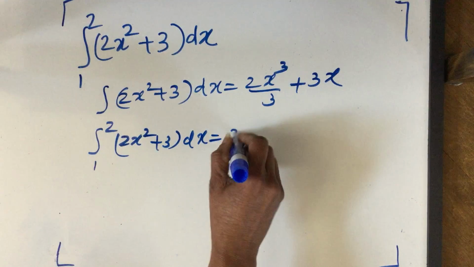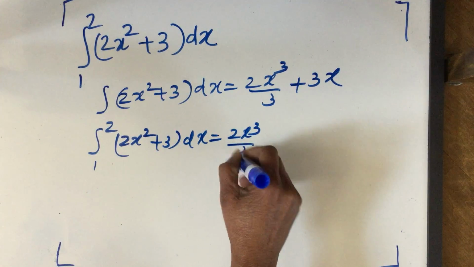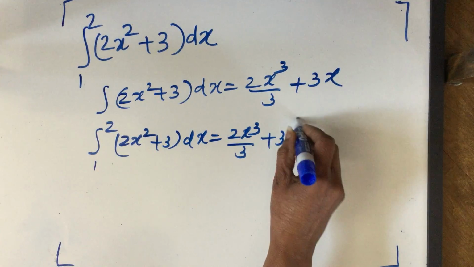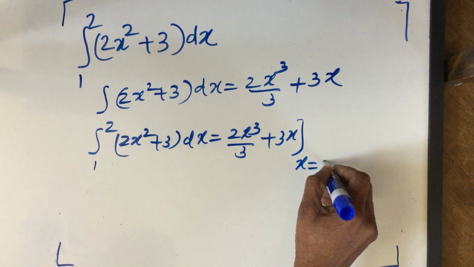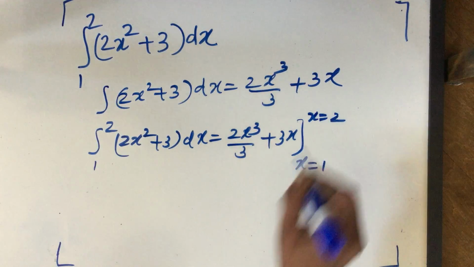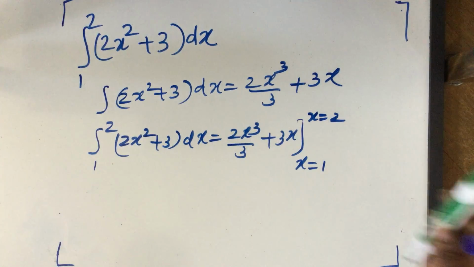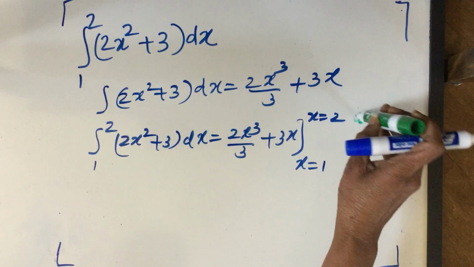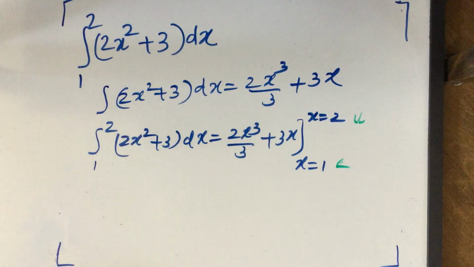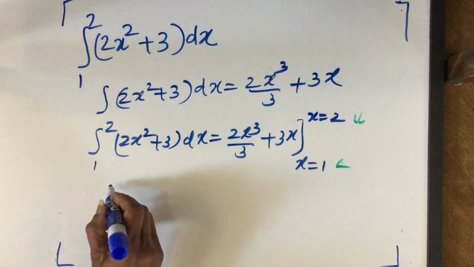So this is 2x cube by 3 plus 3x between x equal to 1 and x equal to 2. So here the upper limit is 2 and the lower limit is 1. So first you are going to apply the upper limit.